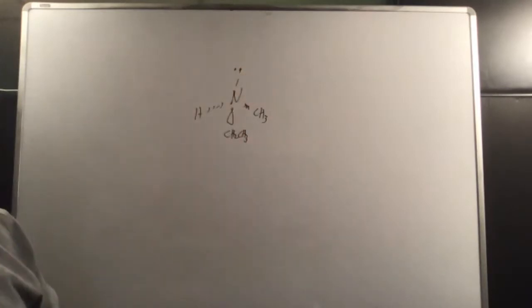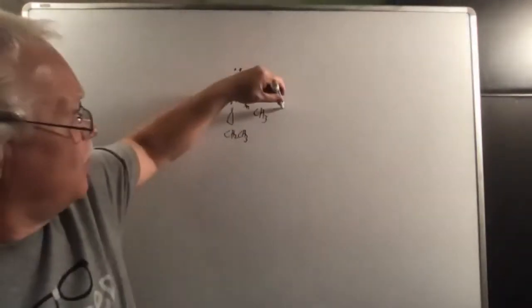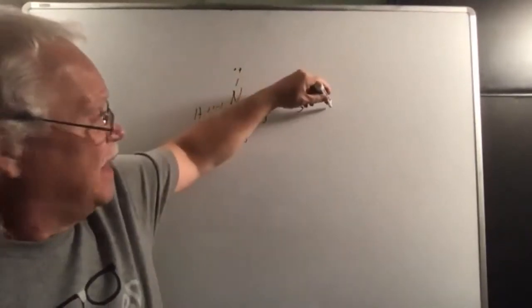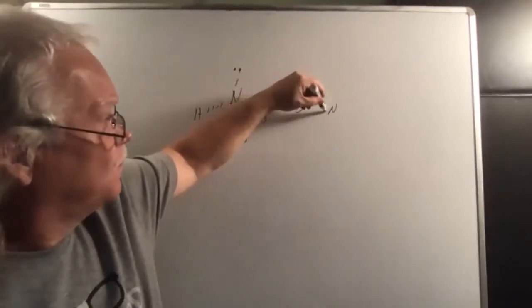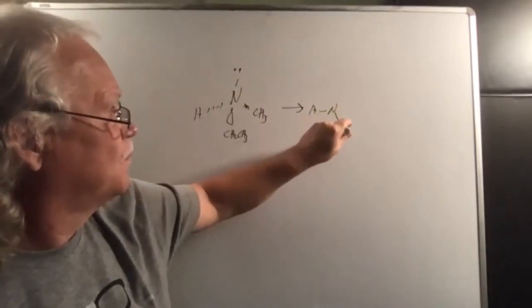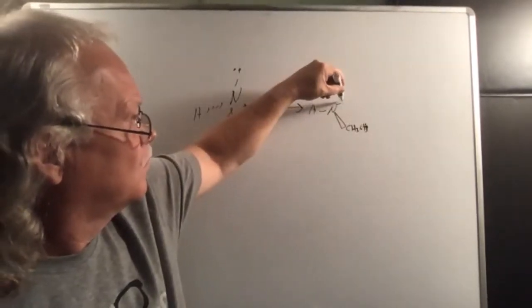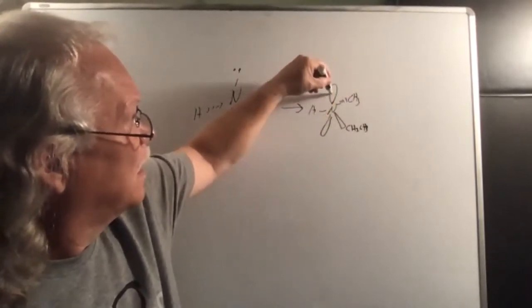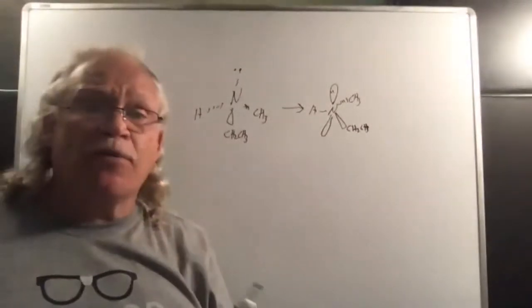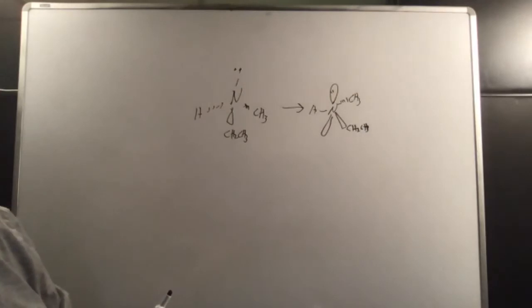Although it has 4 different groups around it, that lone pair is not large enough to hold its space. So what this compound can do is it can rehybridize itself momentarily into an sp2 hybridized nitrogen. So that's just a momentary rehybridization.